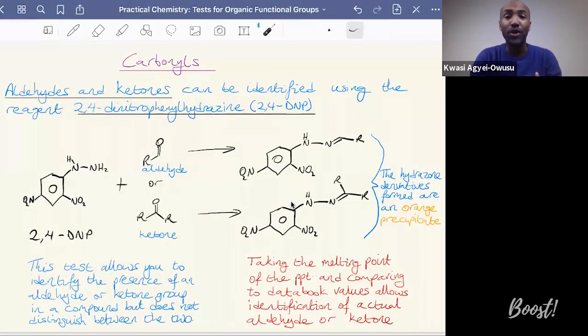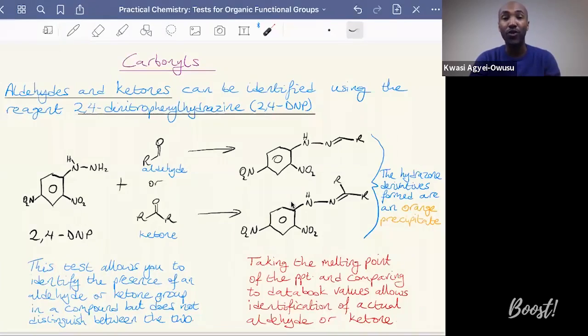Now, 2,4-dinitrophenylhydrazine, or 2,4-DNP, is very sensitive to shock, and it is an explosive, so I couldn't get that word out. And so, if used at all, it would be provided as an already made solution. It's also potentially carcinogenic, so unlikely to be seen in the school lab setting.